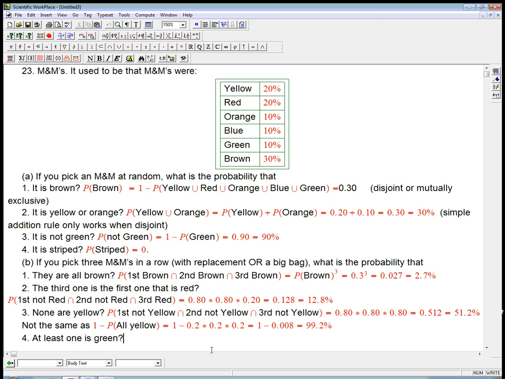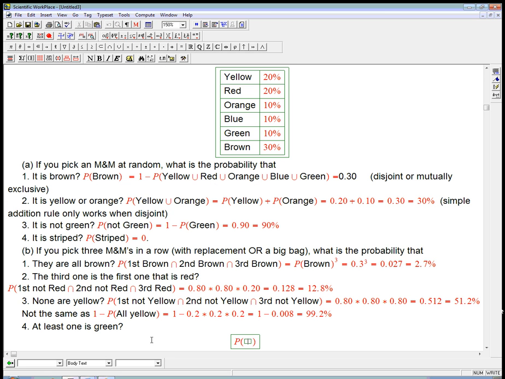What's the probability that at least one is green? Well, at least one is almost always a marker for the complement, but this is about the complement on all of them. So at least one is green. The probability that at least one is green, that's the statement that it's not the case that all of them are not green.